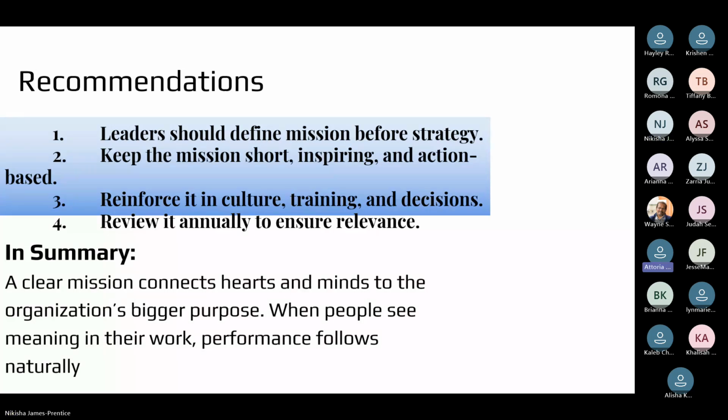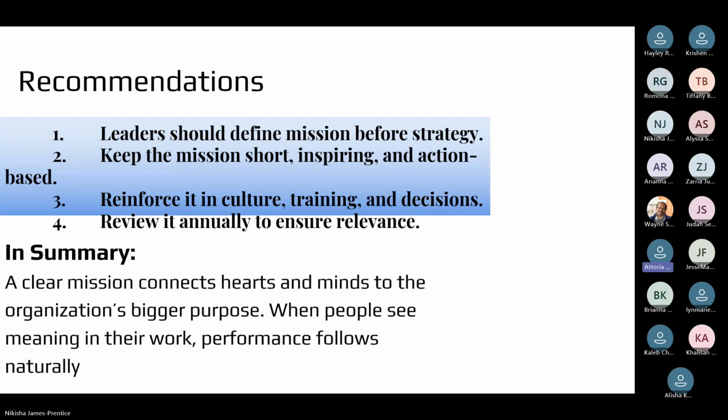Number one, leaders should define mission before strategy. Number two, keep the mission short, inspiring, and action-based. Number three, reinforce it in culture, training, and decisions. And last but not least, review it annually to ensure relevance.